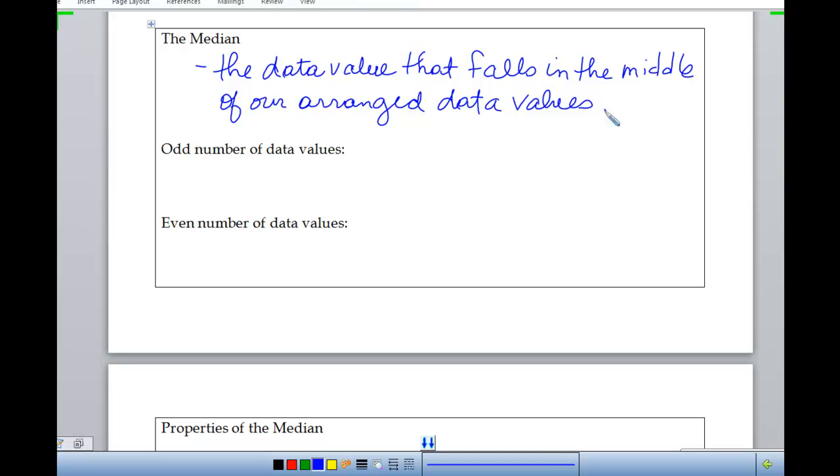We arrange our data in order from least to greatest, and we find the one that falls in the middle. If we have an odd number of values, then there's the one that's in the middle, the value in the middle.